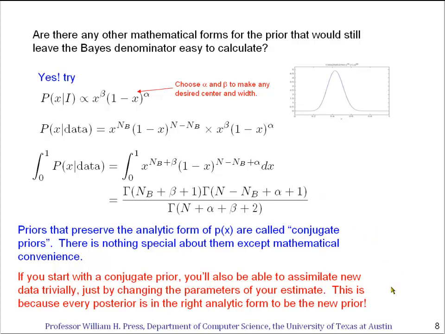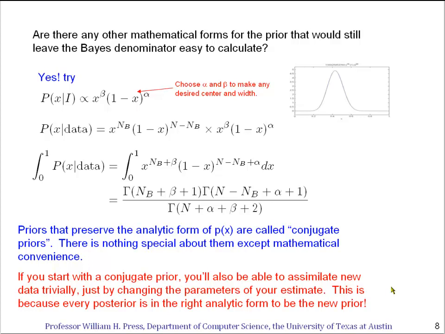Notice that if you start with a conjugate prior, you'll also be able to assimilate new data. What does that mean? That means we had our 35 observations of the jailer, and we've gotten our probability distribution. What if another 50 observations of the same jailer come along? What can we do? Well, we could, of course, go back to square one and just concatenate the data and do the calculation over again.